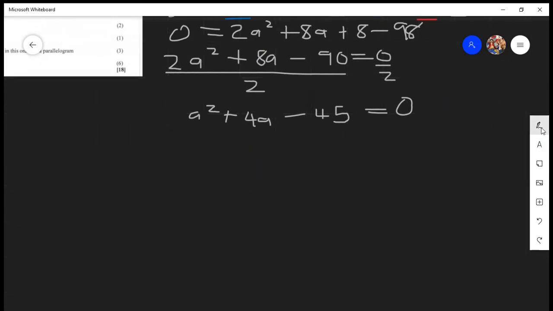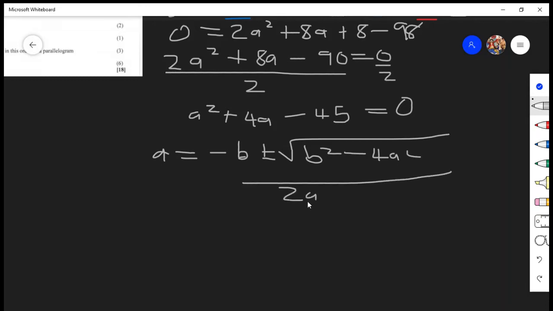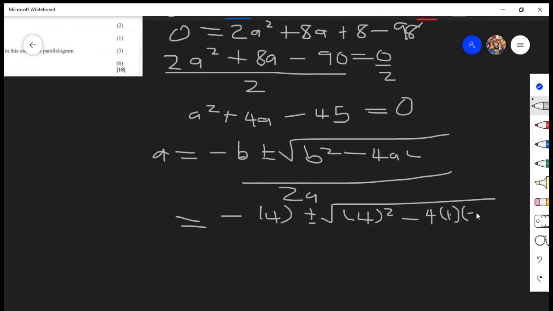So we can have a is equal to negative b plus minus the root of b squared minus 4ac all over 2a, which is then equal to negative, open a bracket, 4 plus minus the root of 4 squared minus, open a bracket, 4 times our value of a, which is 1, times our value of c, which is negative 45, all over 2a, and our value of a, which is 1.